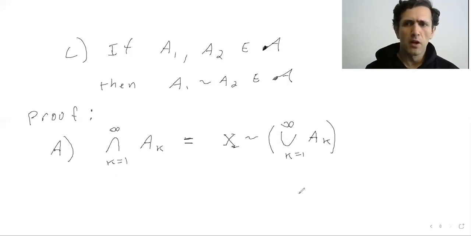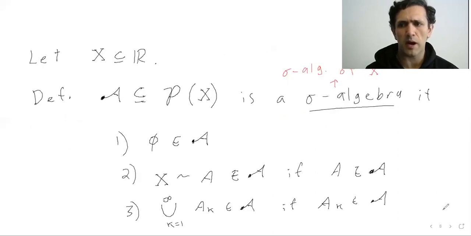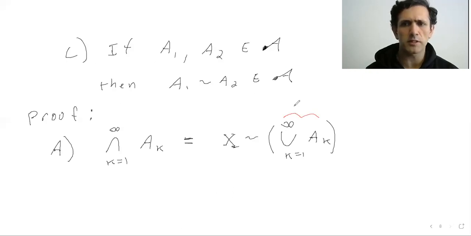Okay, well, we know by 3 here that one of the properties of sigma algebras is that you can take countable unions and still stay in the sigma algebra.